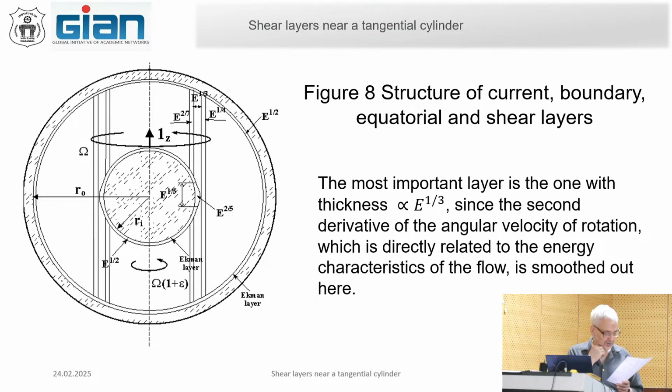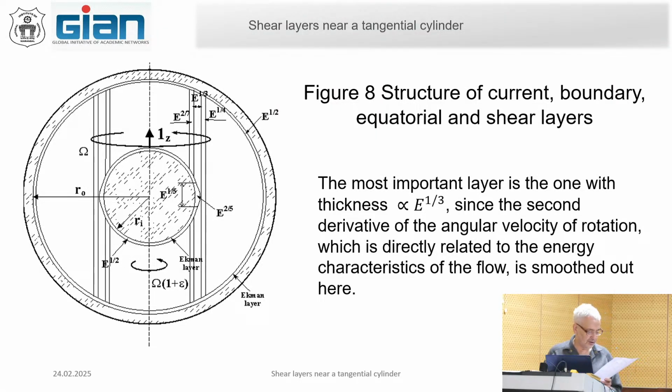In this case, the entire system rotates so quickly that the only remaining similarity criterion, the Ekman number, can be considered asymptotically small. So actually all the game is around this Ekman number, and we get different boundary and shear layers which depend on it.